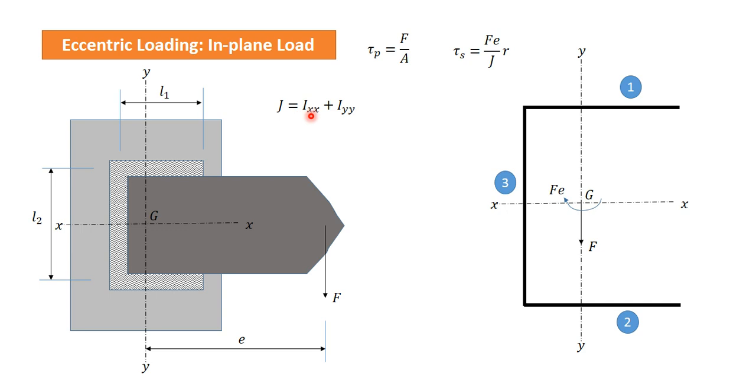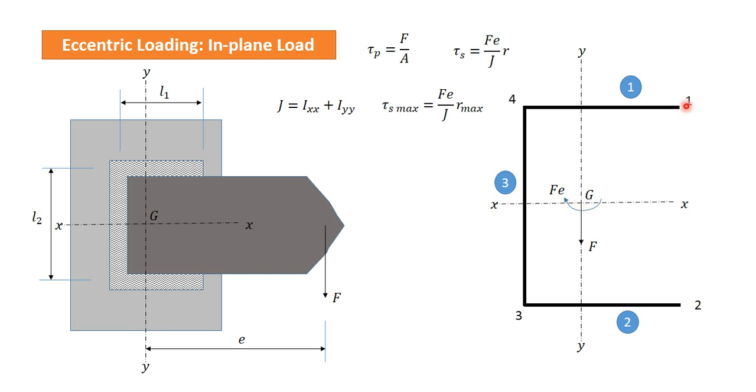So Ixx plus Iyy will give us J. Once J is obtained, we can find the maximum value of tau S, which for constant values of J and Fe will be obtained at the point where r is maximum, where r is the distance of the point from this CG.